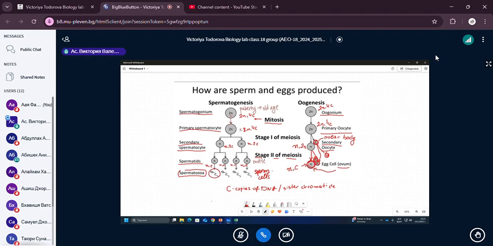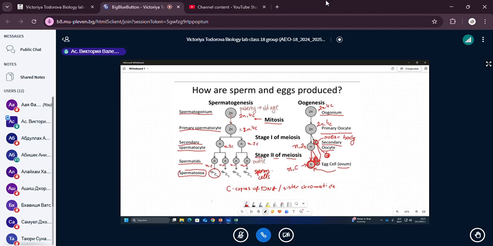But that one, you can see, is bigger than the others. And here is the role of the polar bodies. They are small. They don't have cytoplasm inside.